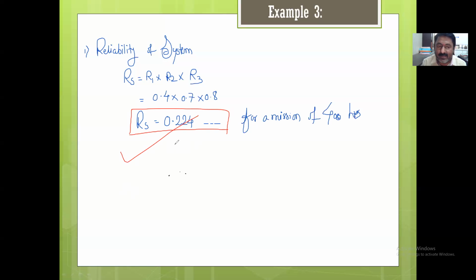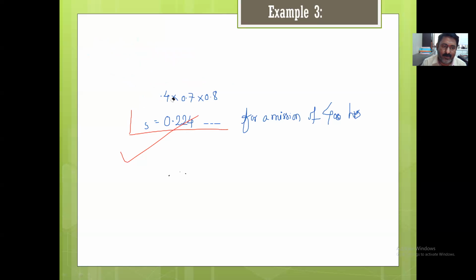If we increase the component 1 reliability by 0.1, component 2 by 0.1, and component 3 by 0.1, how does the system reliability change with respect to this one? This is very important. So I have prepared a table. I will request you to prepare the table. I will solve one, and then I will give you 5 minutes.